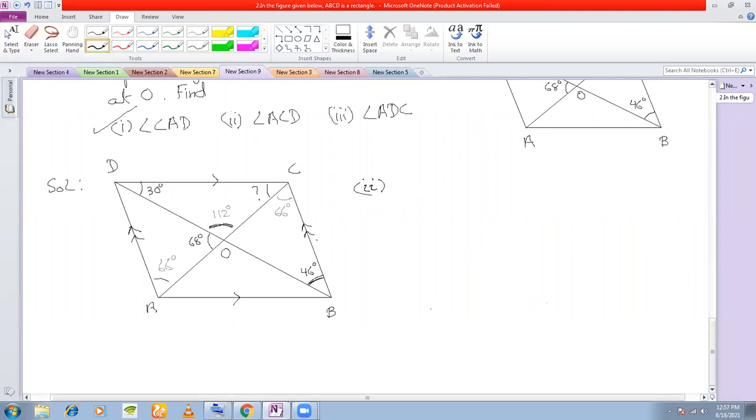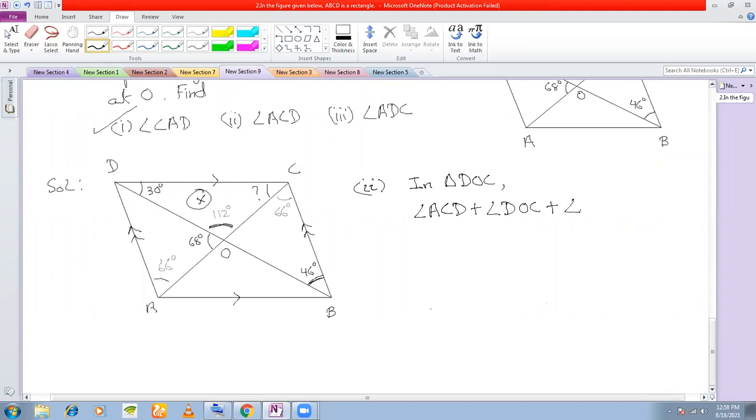Look at this triangle. Two angles you know, right? 112 degrees and 30 degrees. You can always find the third angle, right? So in triangle DOC, all of you agree or not? Yes, sir.